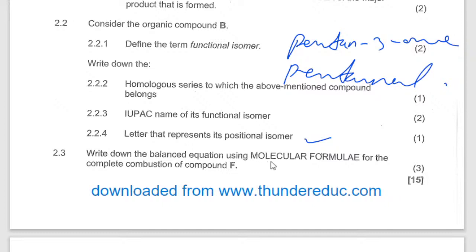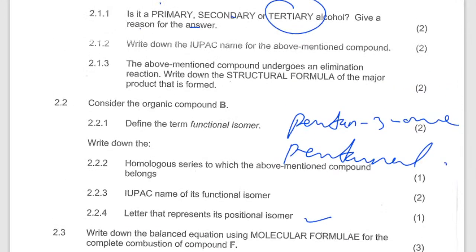Write down the balanced equation for the complete combustion of the molecular formula. Whenever they ask you about combustion of anything, the products, as I told you, are always carbon dioxide and water. The only challenge comes when they ask you to balance.